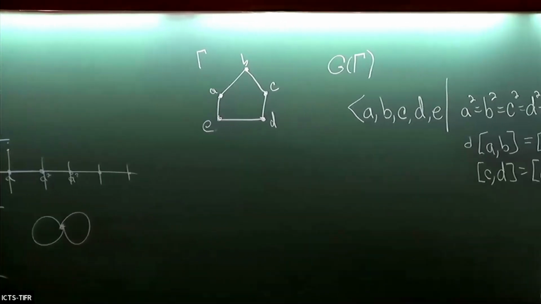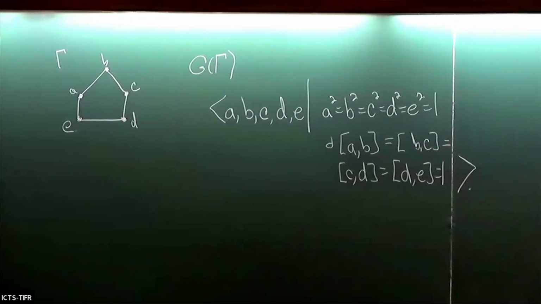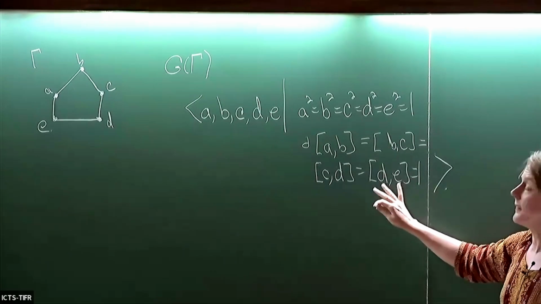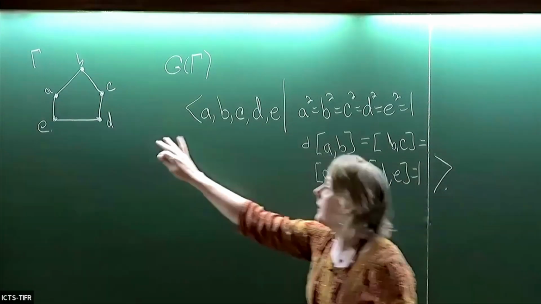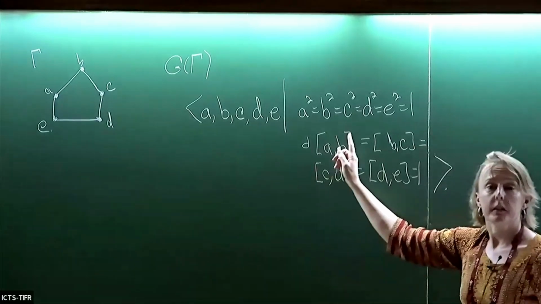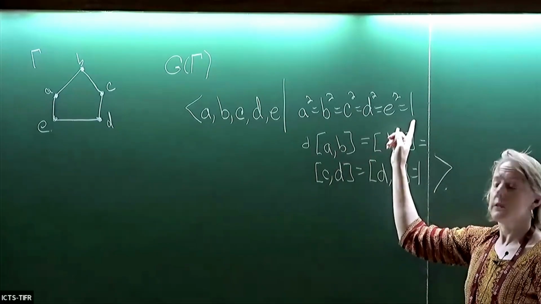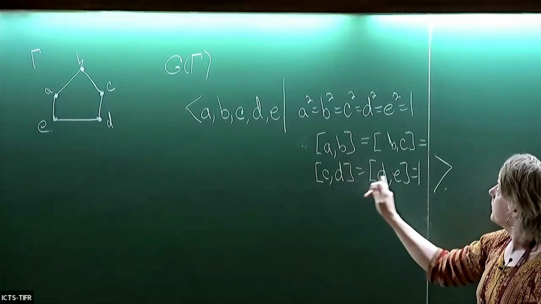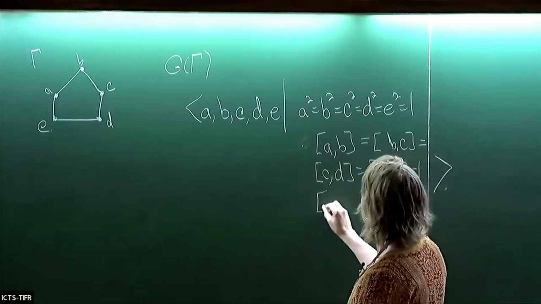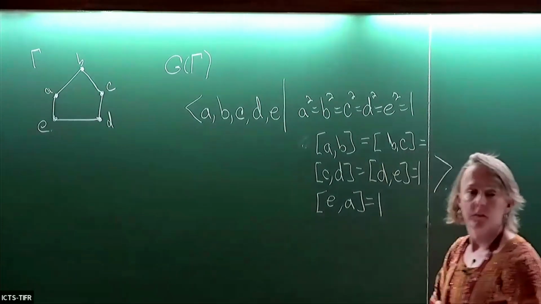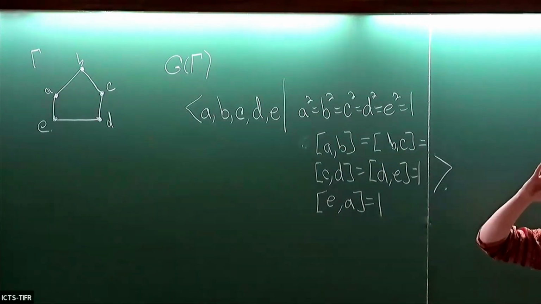So this is a presentation for this group. Okay, everybody okay with that? I can do this for any graph. I just want to give an example. So I take a graph and I can make a group where the generators correspond to the vertices. Each vertex has order 2. That's what these relations are for. And I have a relation for each edge that means that two generators commute.